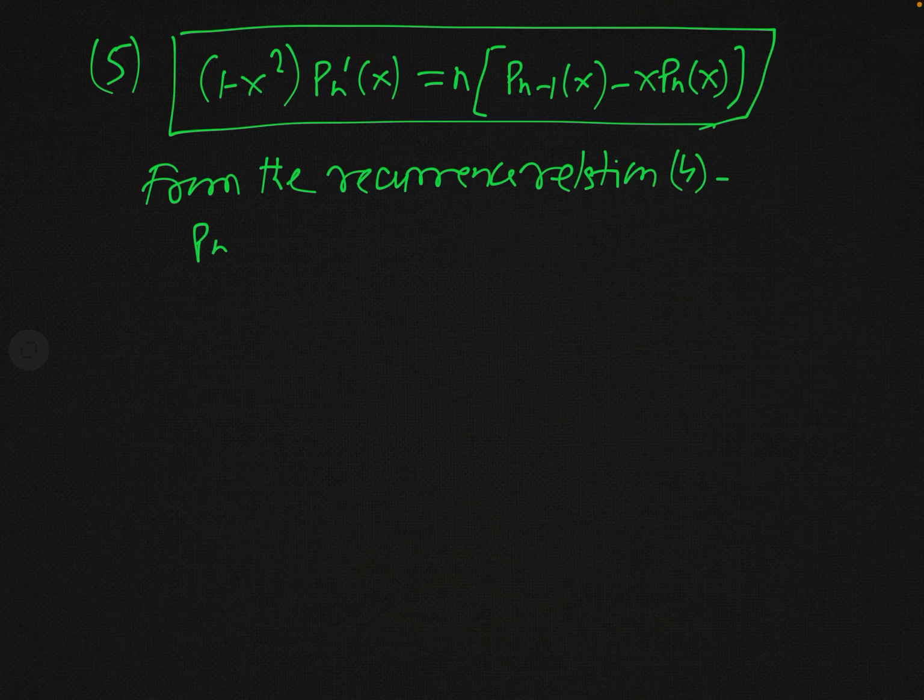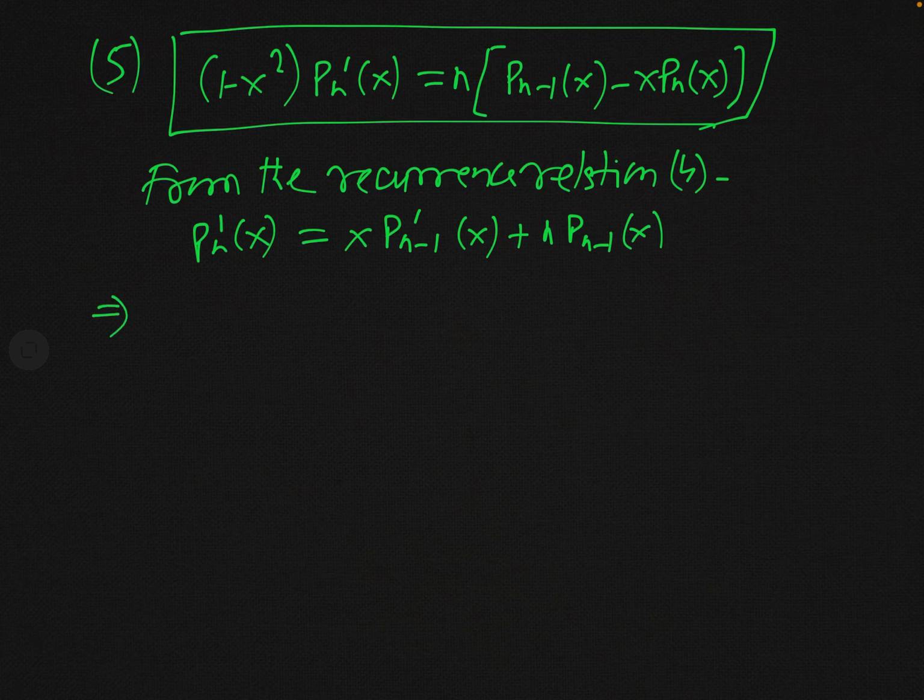This is in fact Pn prime of x equal to x into Pn minus 1 prime of x plus n Pn minus 1 of x. This is actually the fourth recurrence relation.